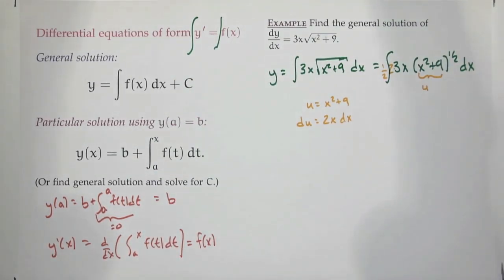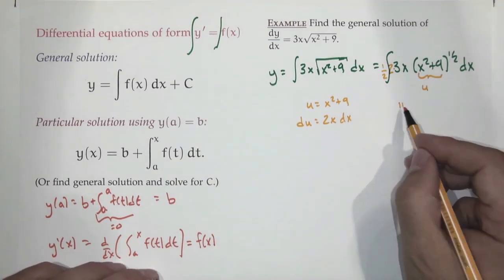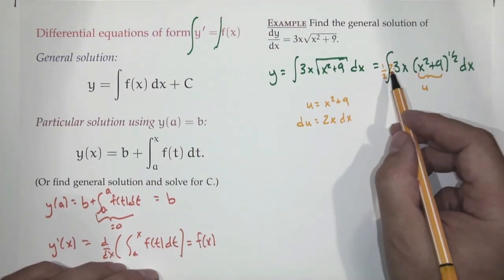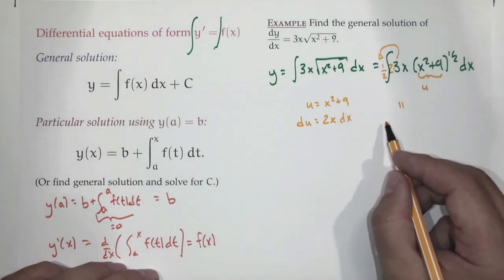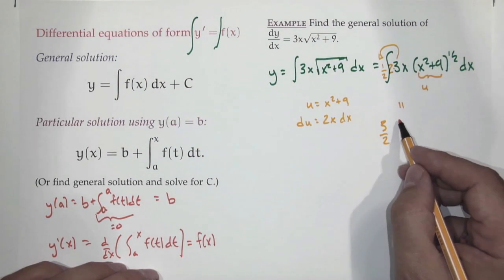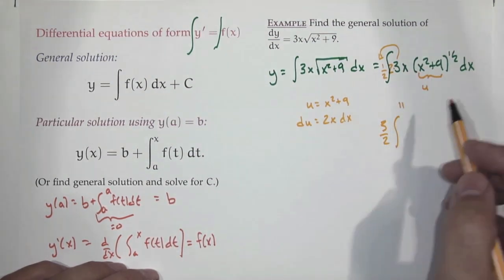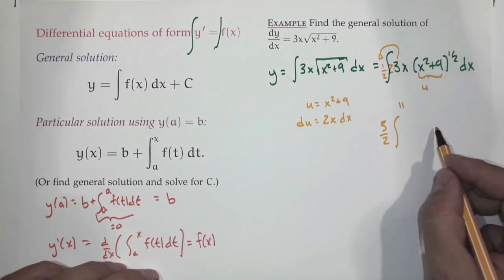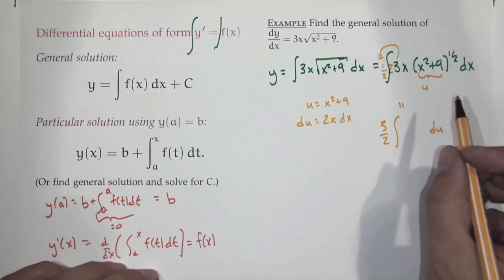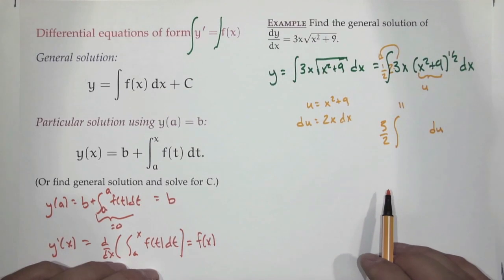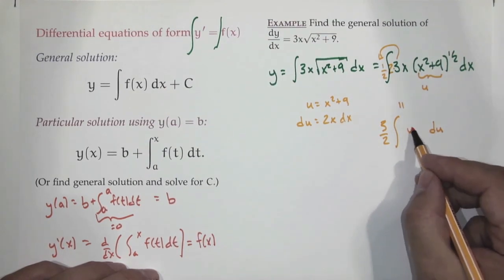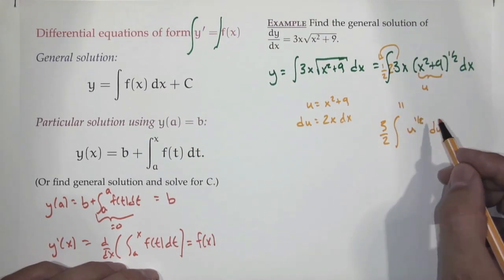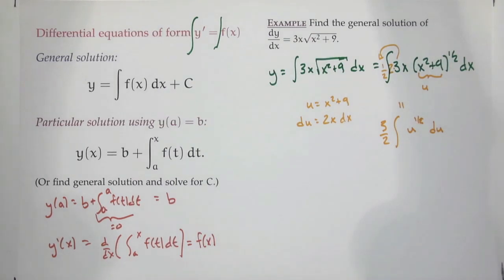There are other ways to do this, but if we make this substitution, we have the 1/2. The 3 we can put out with the 1/2, so we have 3/2. The 2x joins with the dx to give du. And what's the rest of it? U to the 1/2, or square root of u, but u to the 1/2 is more calculus friendly. The reason I say it's more calculus friendly is it fits the rules.